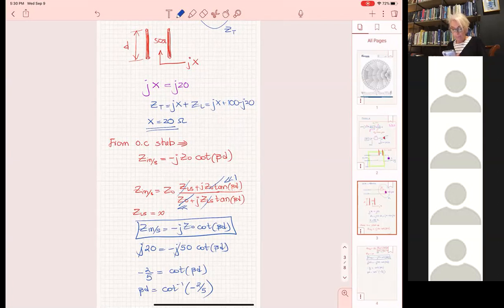Inverse. So there is an inverse cotangent calculator, which in fact I use, and then you give minus 2 over 5, which is minus 0.4, done.